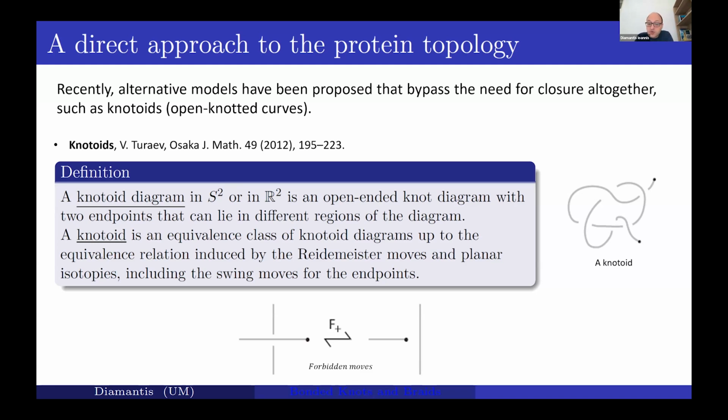We also have to remember that the endpoints are allowed to move freely in the region they belong to, but there are some forbidden moves that you can see here. You cannot take the endpoint and push it into a different region.